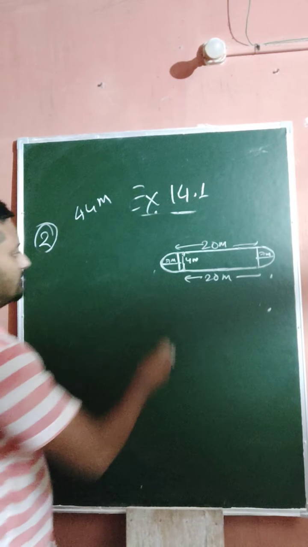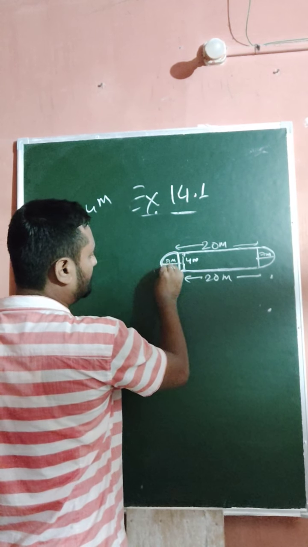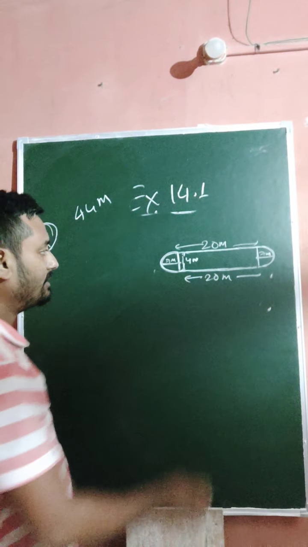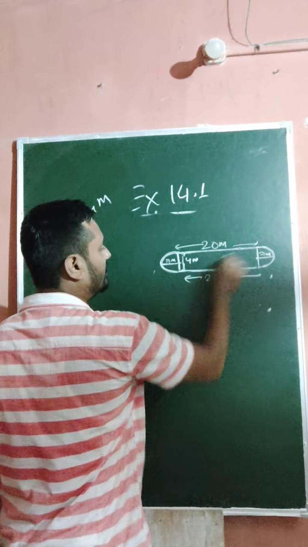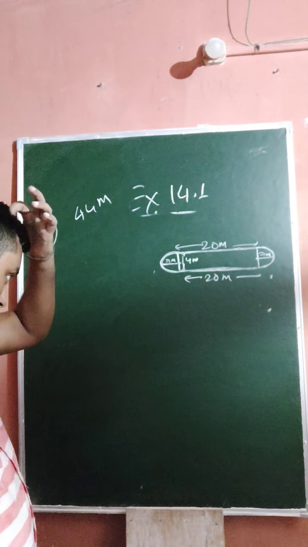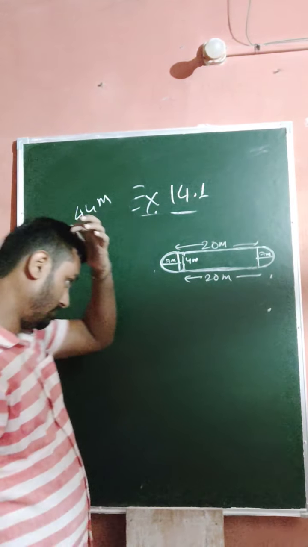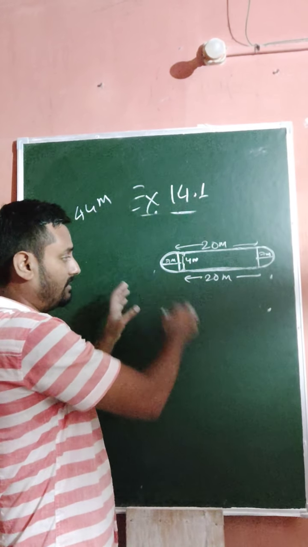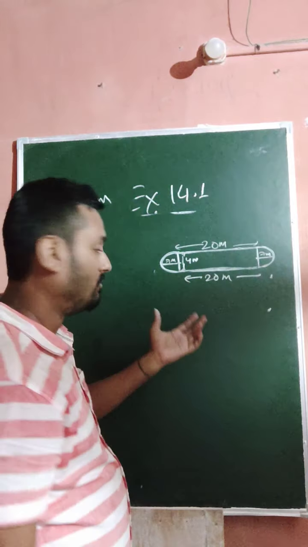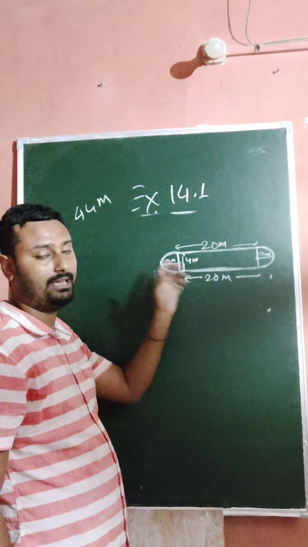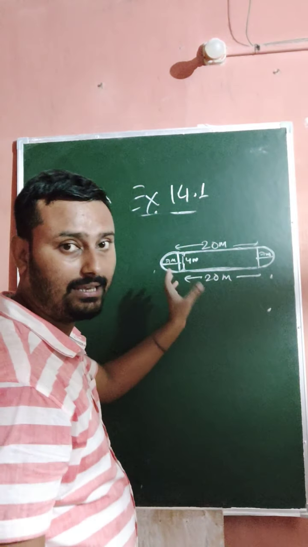Now look at this one. This length and this length will be 44 meters, and after that these two lengths remain, that 20 and that 20. Most of you make mistakes here. In case of area, you find the area of the rectangle and the area of the two semicircles, and then you add them.